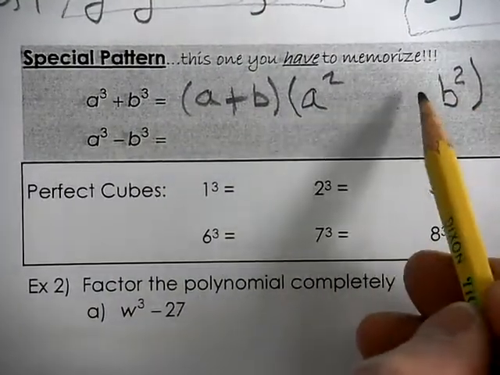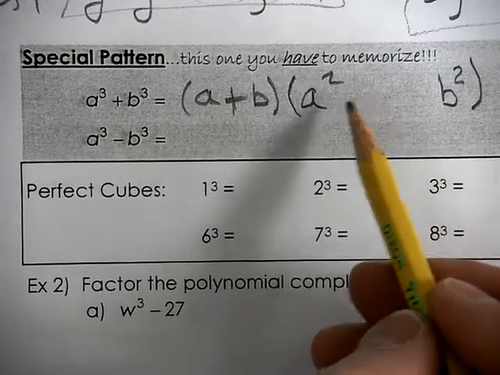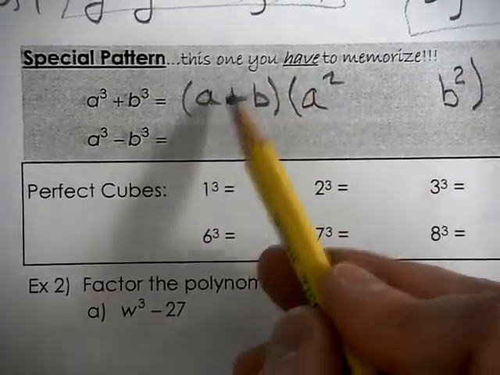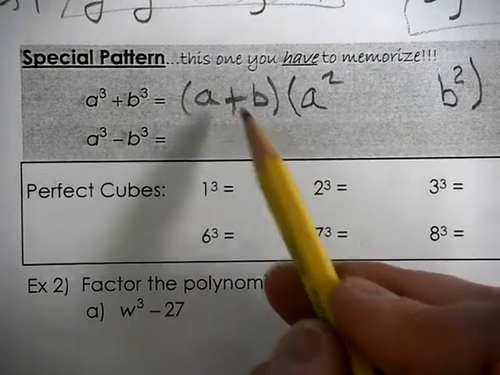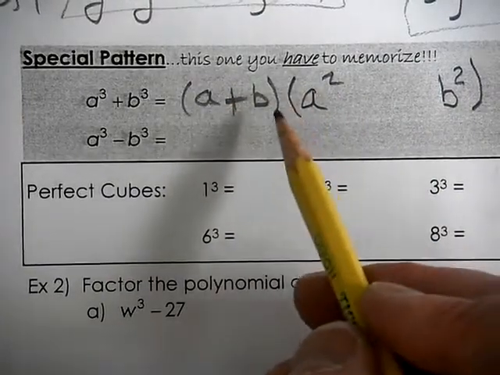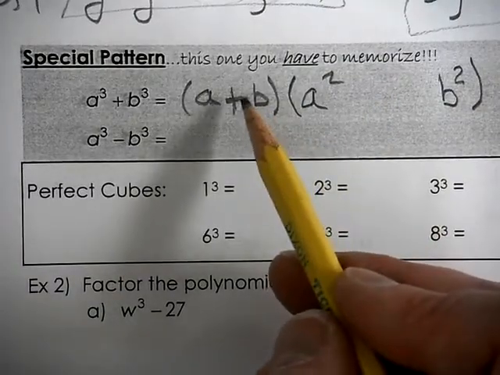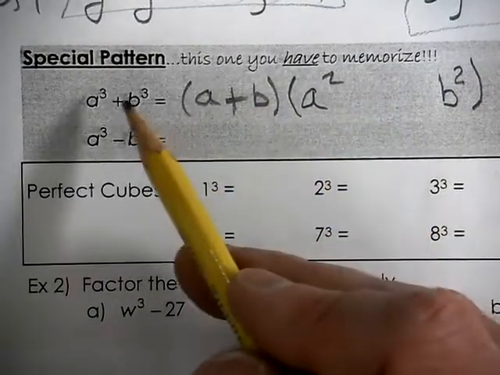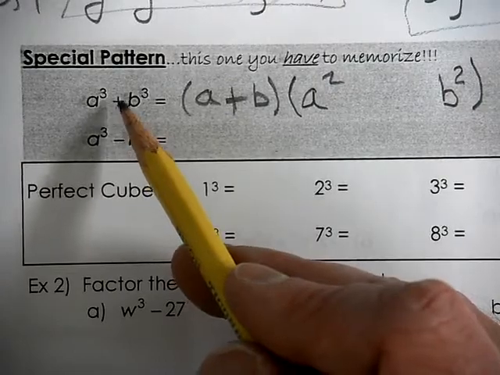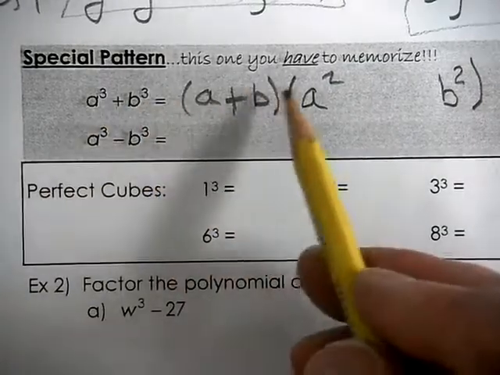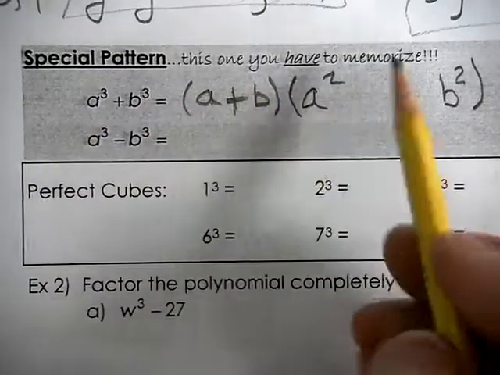Now we have to leave space in here because when we multiply and FOIL this correctly, in this case that would be called double distribute. If it was a minus, we'd get a 0 term in the middle. But because it's a plus, we can't just have 2 binomials.